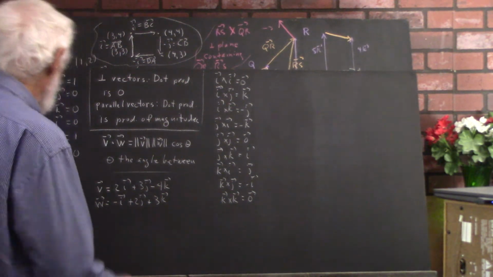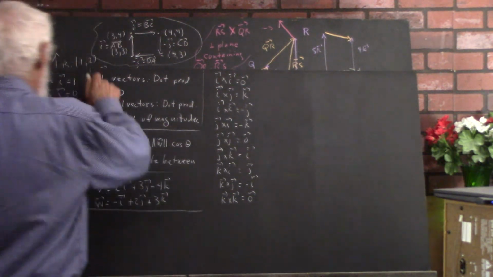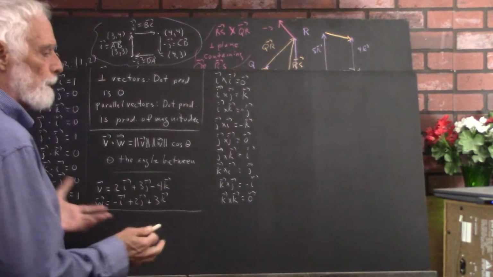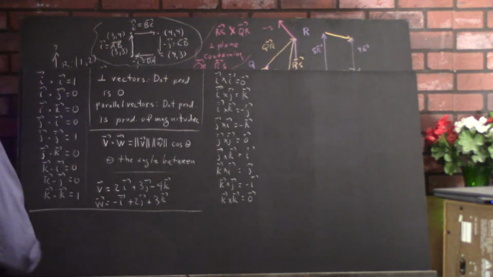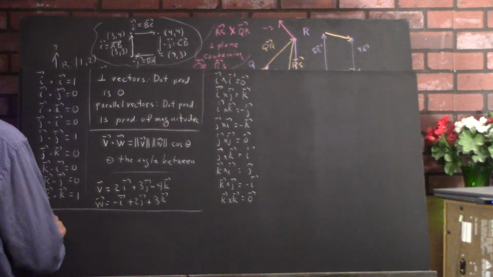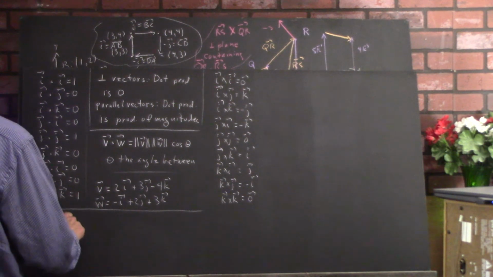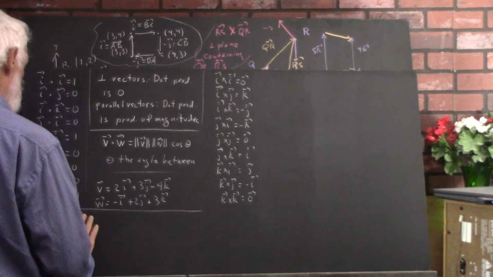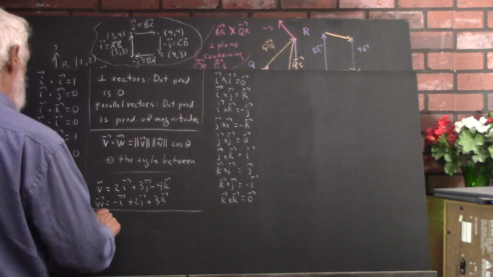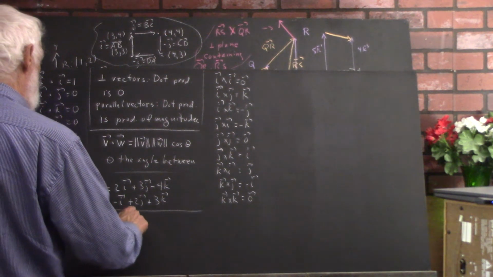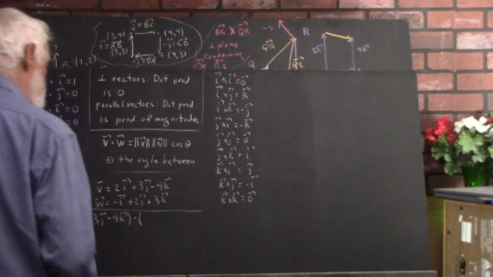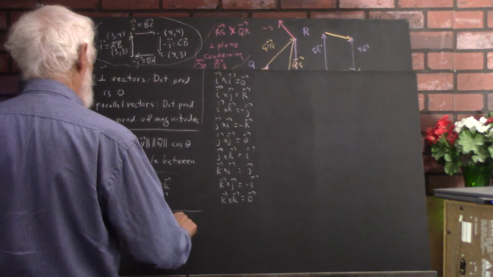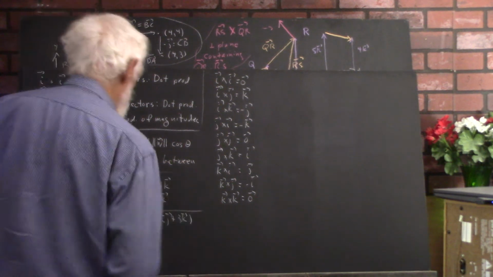Now, I haven't defined the way the operations work, but for these vectors you have the usual distributive law. The dot product distributes, meaning that V dot W is 2I plus 3J minus 4K, dotted with negative I plus 2J plus 3K.